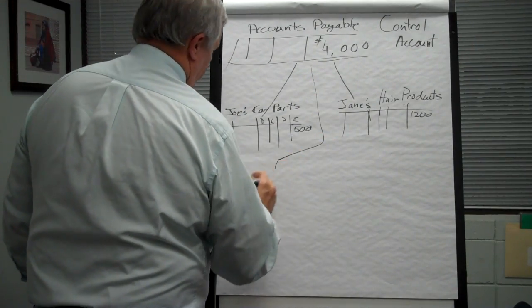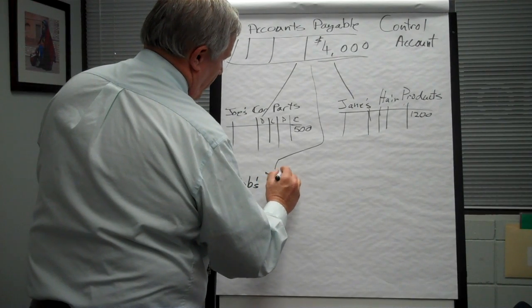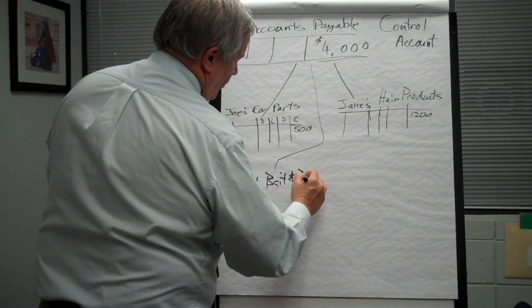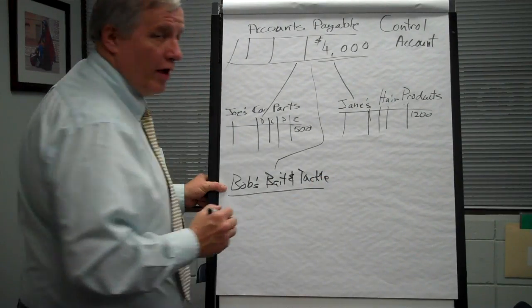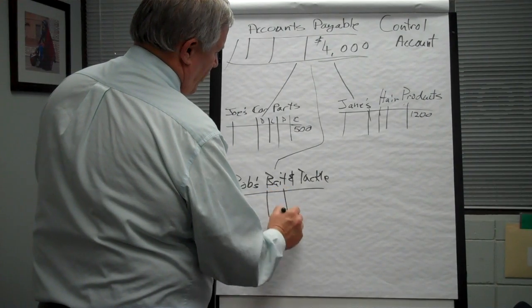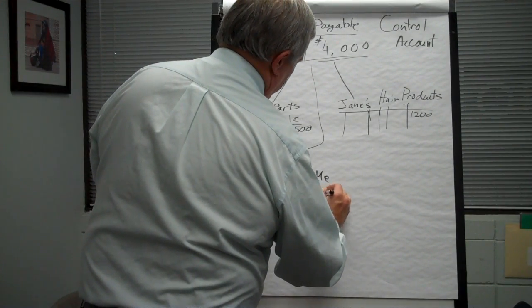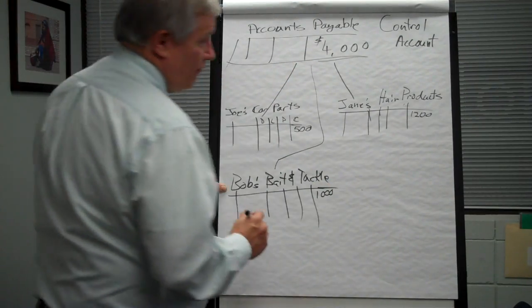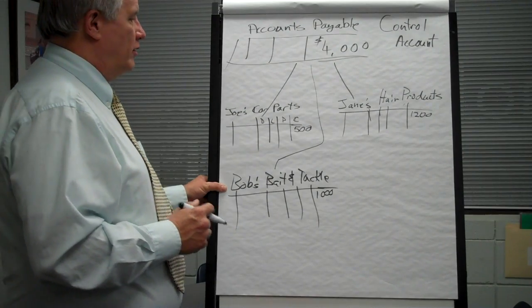Maybe I owe Bob's Bait and Tackle. I took some customers, some future customers, out on a fishing trip, and owe them $1,000. So that's $2,700.